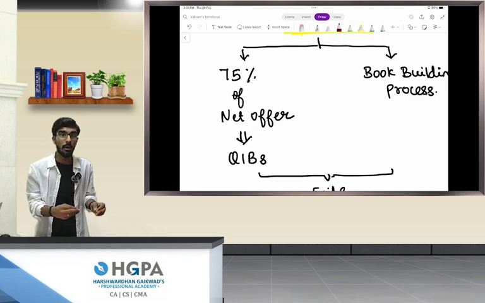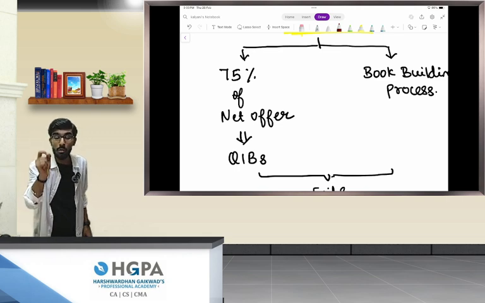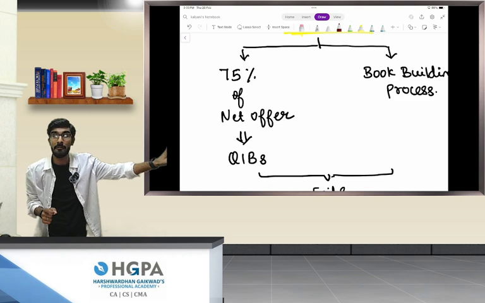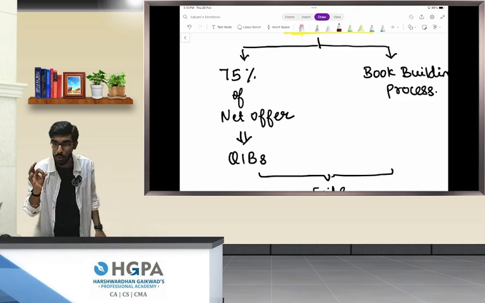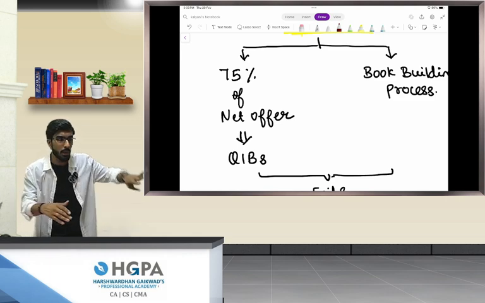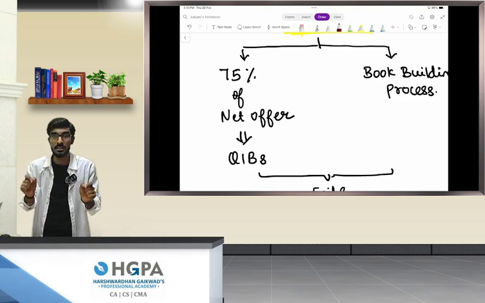If you are able to convince such big players to subscribe at least 75% of your net offer, that means you are a genuine company. Even though you are not eligible, you are still a genuine company. This is what it proves.